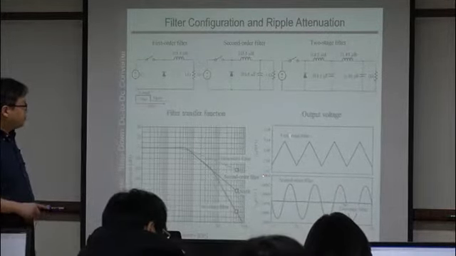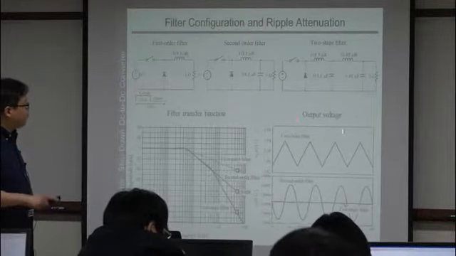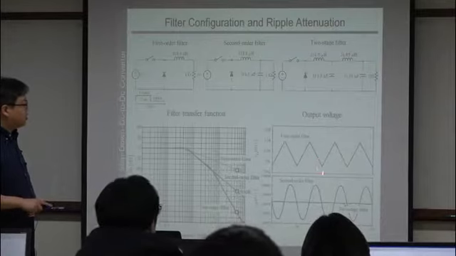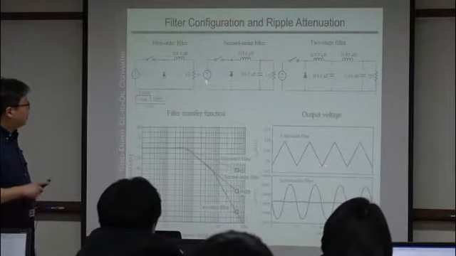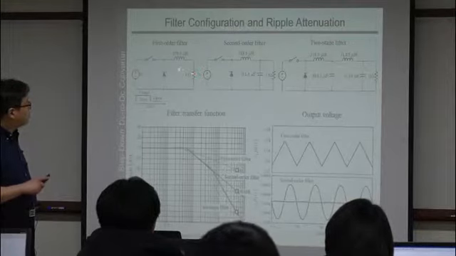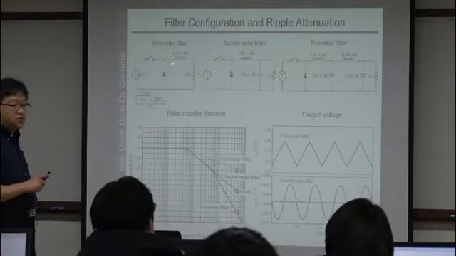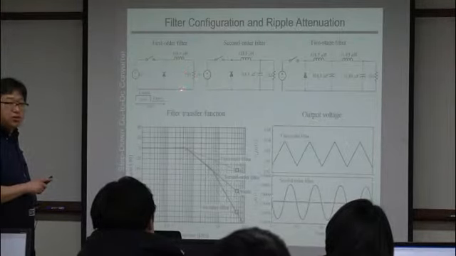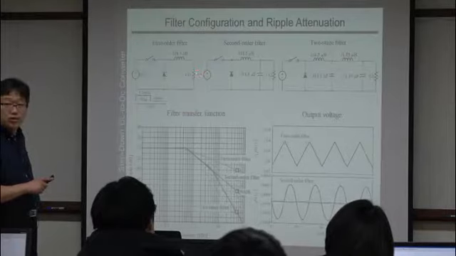So if you see the output voltage with the first order filter, the output voltage is like this. Why? You have only a resistive load, and the current passing through this resistor is the current passing through this inductor. And your output voltage is simply the current with the ripple multiplied by this 1 ohm resistance, right?